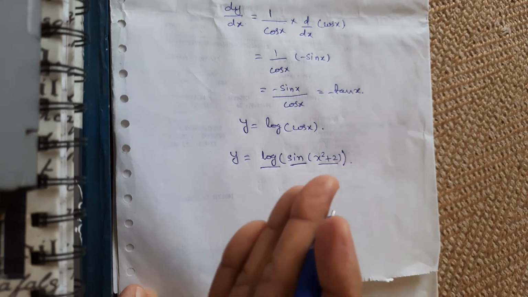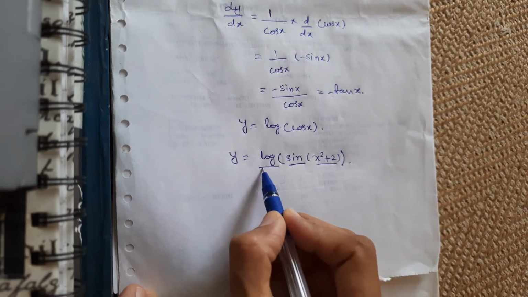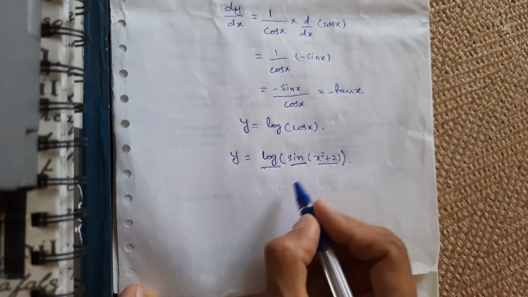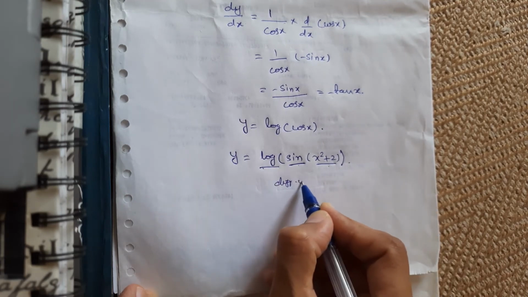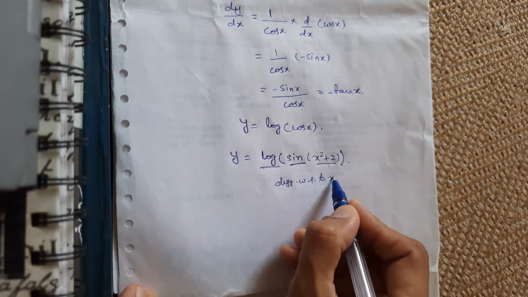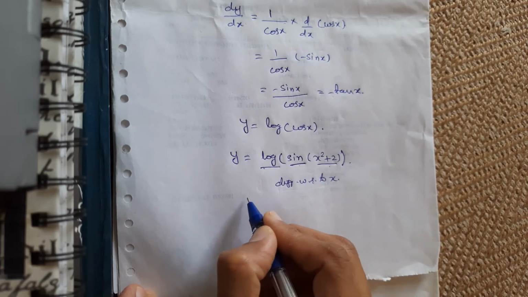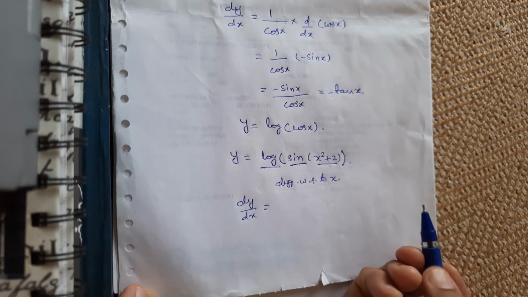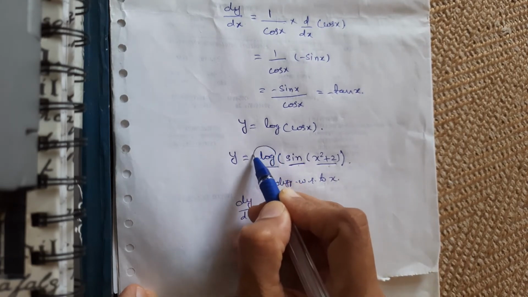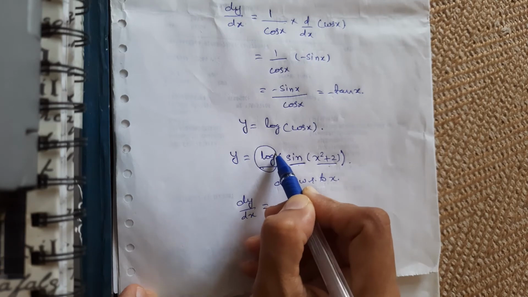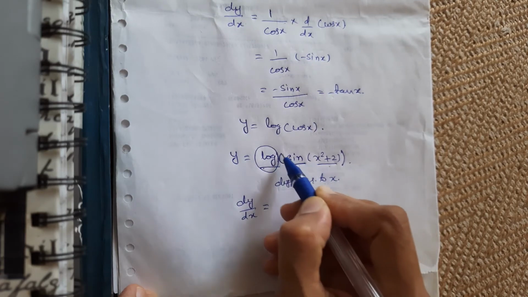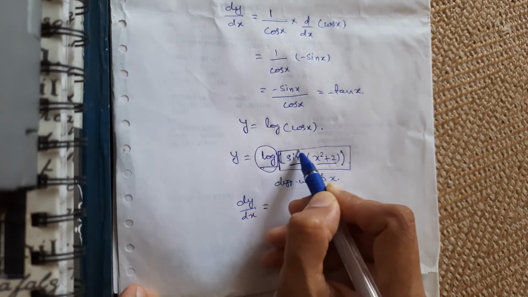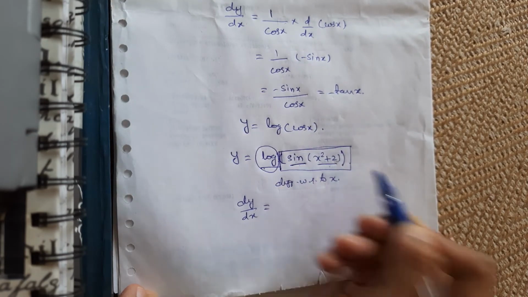So step by step I will go from the outer to the inner side, the deep inner side. So differentiate with respect to x. By chain rule I get dy by dx equal to, first of all I need to write the derivative of the logarithmic function, which is 1 upon x, and here my x is this whole term. This complete term will be my x. Sin of x square plus 2.